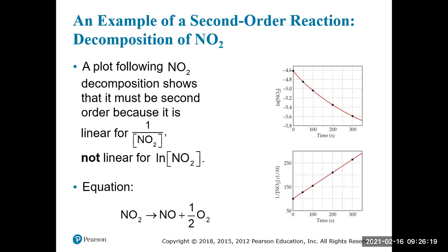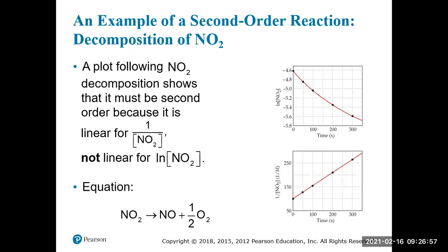So here's an example of where we have decomposition of NO2. So it goes to NO plus 1/2 O2. And what we see is we have two plots here where someone ran the reaction and sampled over time and got concentrations of NO2 and saw how it went down over the time course.